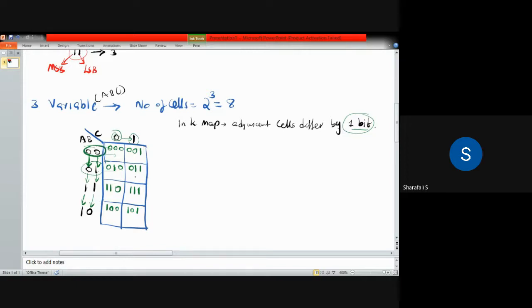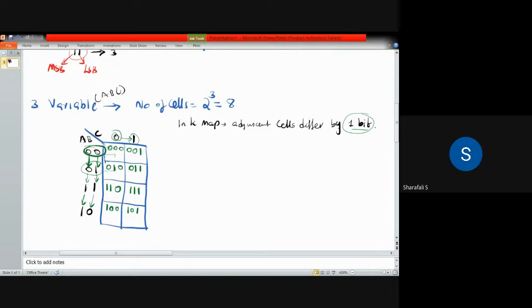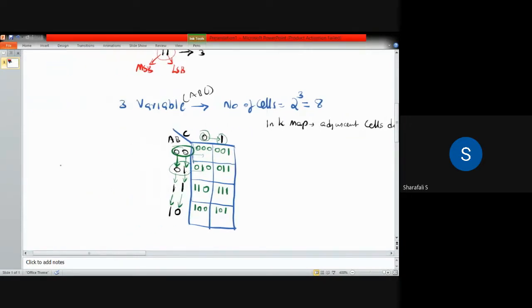Now if you want to convert these values into decimal, you can do it using the aforementioned equation. For those who don't know, if you have 0 0 1, how do we convert this binary number to a decimal number in base 10?